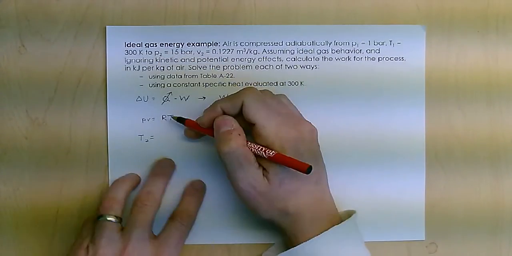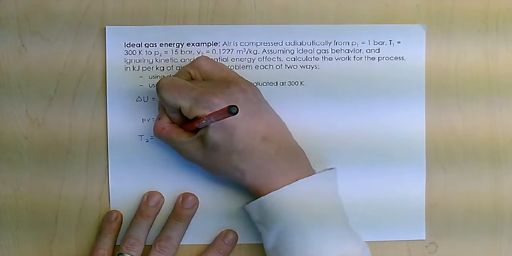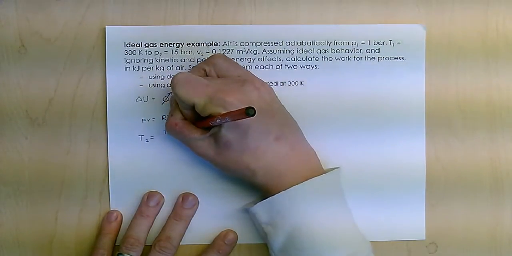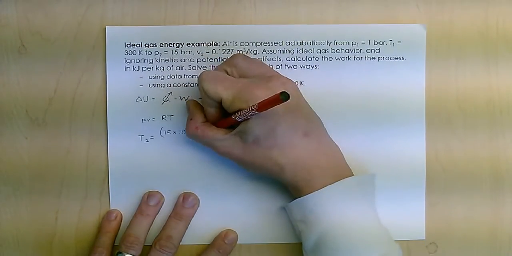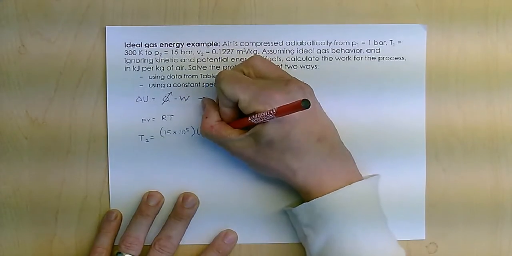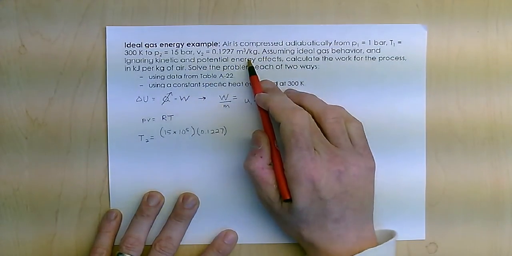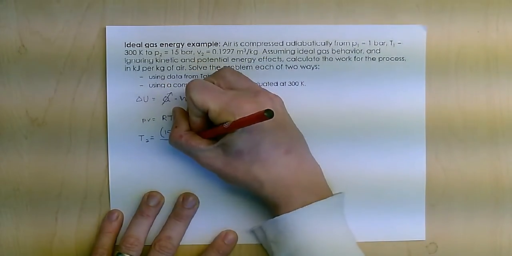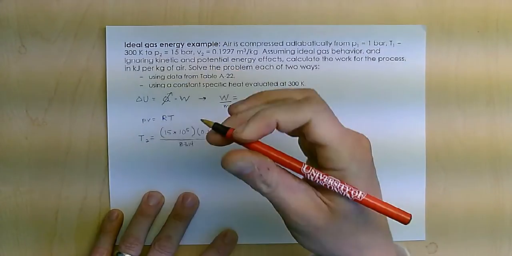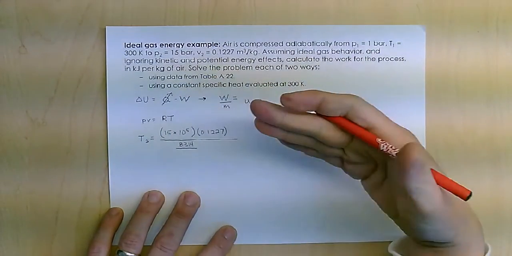So if I want to find temperature 2, that's going to be P2, which is 15 bar, which is 15 times 10 to the 5th, times the volume, 0.1227 cubic meters per kilogram, divided by R, which is 8,314 joules per kilomole, divided by the molecular weight of air.